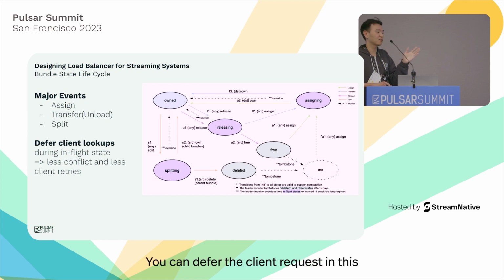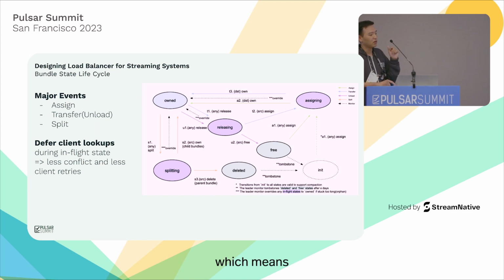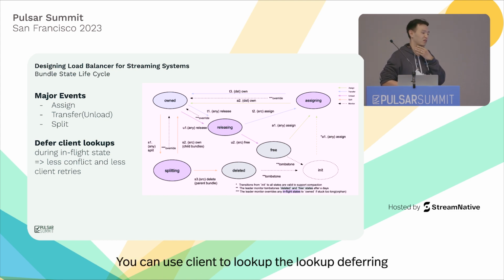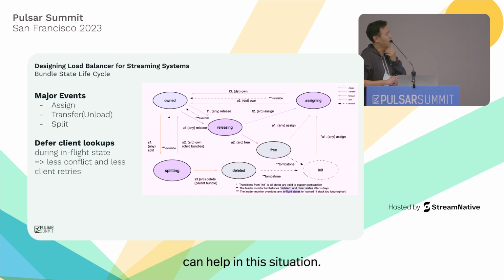We can defer the client request if the bundle state is in flight. When there are a large number of lookup requests to the cluster, this can reduce the broker's overload, the thundering herd impact. Deferring the client lookup can help in that situation.